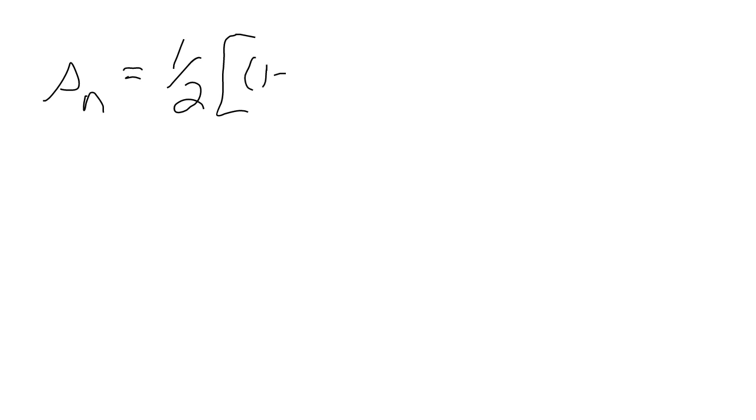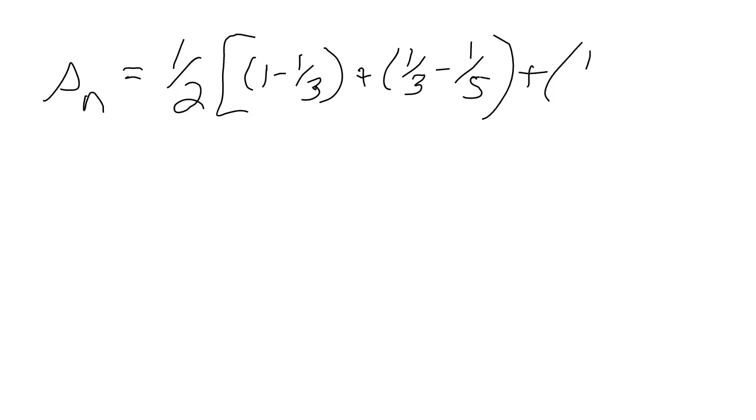The first one is going to be 1 minus 1/3 from the first term, plus 1/3 minus 1/5 from the second term, and then plus 1/5 minus 1/7 from the third term, plus, now we can keep going here, 1/7 minus 1/9 for the fourth term, not the fourth sum, but the fourth term.